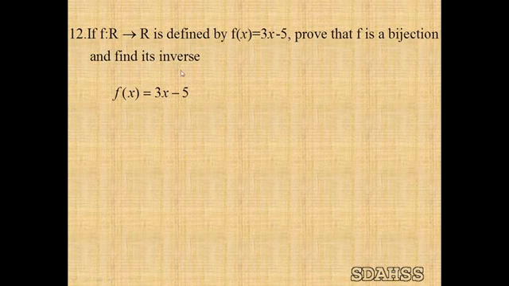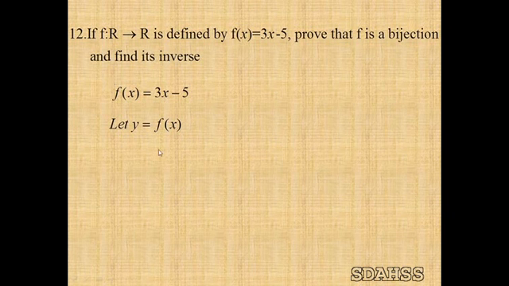First, let us consider f of x is equal to 3x minus 5. Let y is equal to f of x. Here substitute in the place of f of x, substitute y.